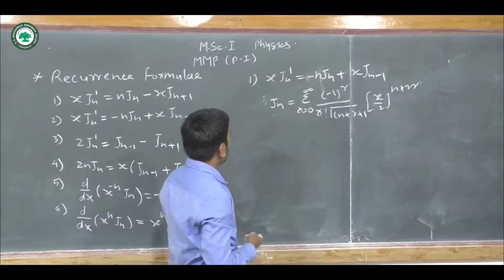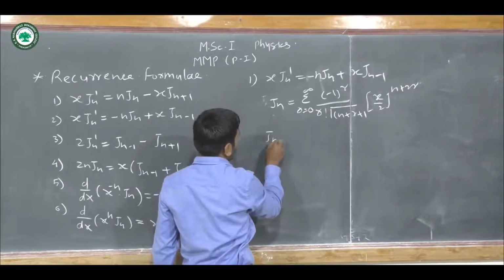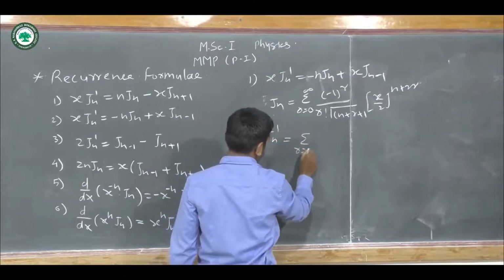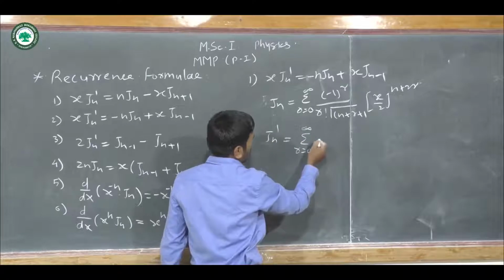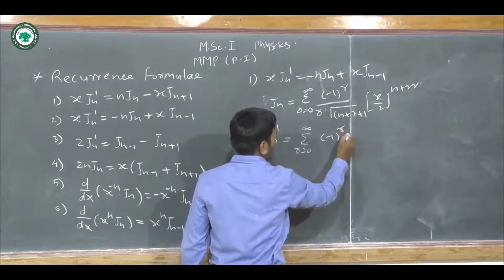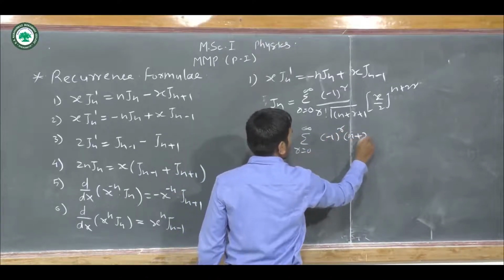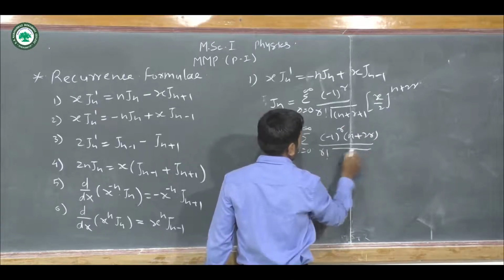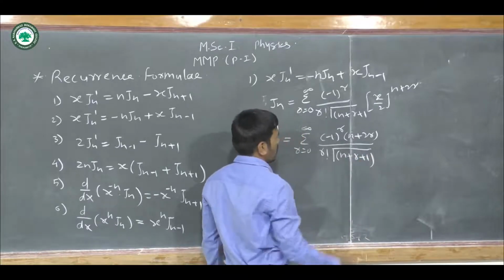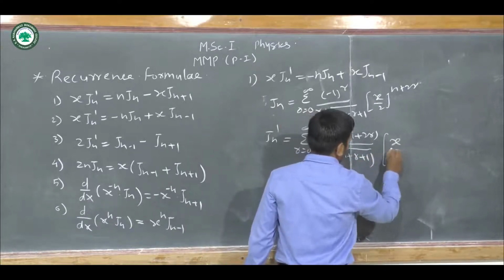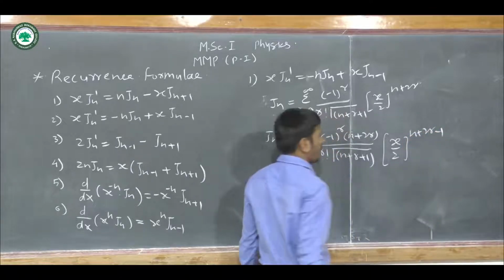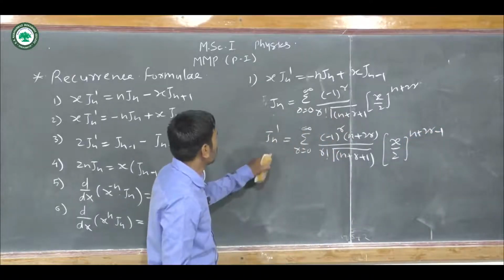So just differentiate with respect to x. So Jn prime is equal to summation r equal to 0 to infinity, minus 1 power r into n plus 2r divided by r factorial gamma n plus r plus 1 into x by 2 power n plus 2r minus 1, with a half.